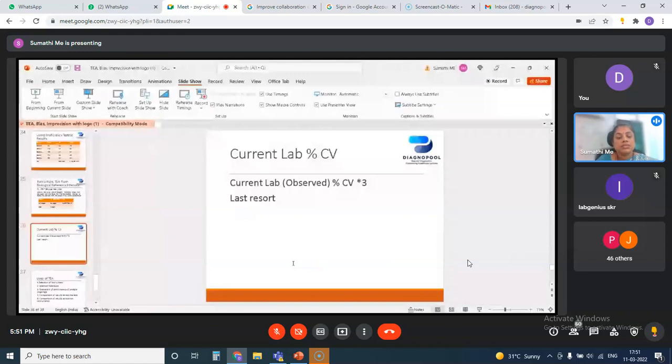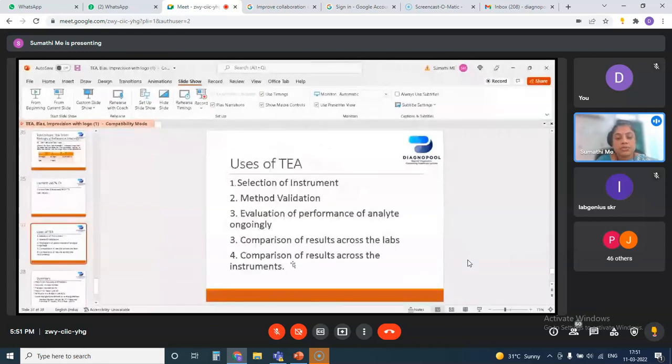So this is about what we have discussed about total error, how it is calculated, and the different guidelines available for total allowable error. Now, what are the applications of total error? You can use the total allowable error for selecting an instrument. When you look at the precision and the manufacturer claim in terms of percentage CV, most manufacturers give only the percentage CV.